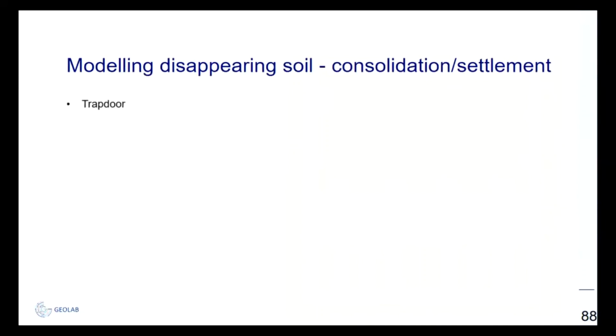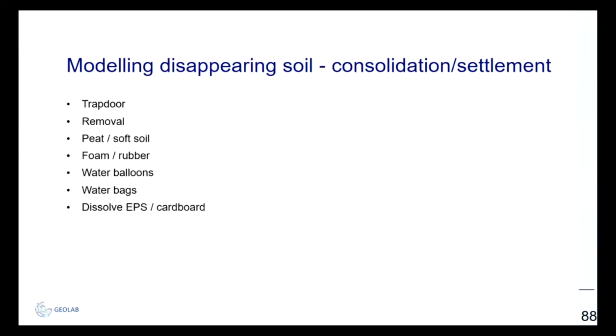So we have seen several possibilities to have the soil disappear. You can use a trapdoor. You can just remove it, which I do not recommend. You can use some peat soft soil, but then you will only have deflection, not disappearance. You can use foam or rubber. You can use water balloons or water sacks, water bags.